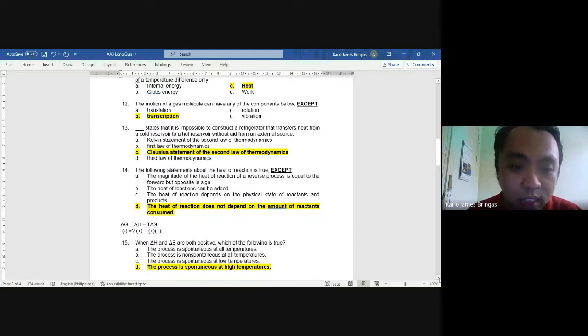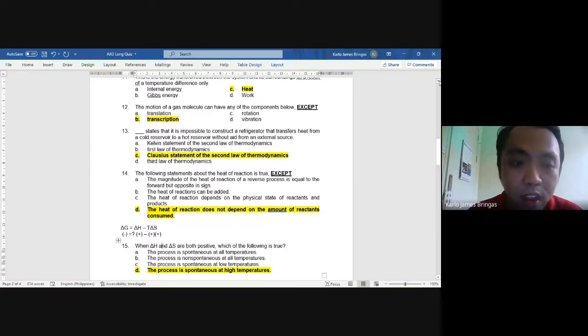So therefore, for number 15, the process will only be spontaneous at high temperatures. If we should ever encounter a process having a positive delta H and delta S, we then know that for it to proceed on its own, we just need to raise the temperature for it to happen spontaneously.